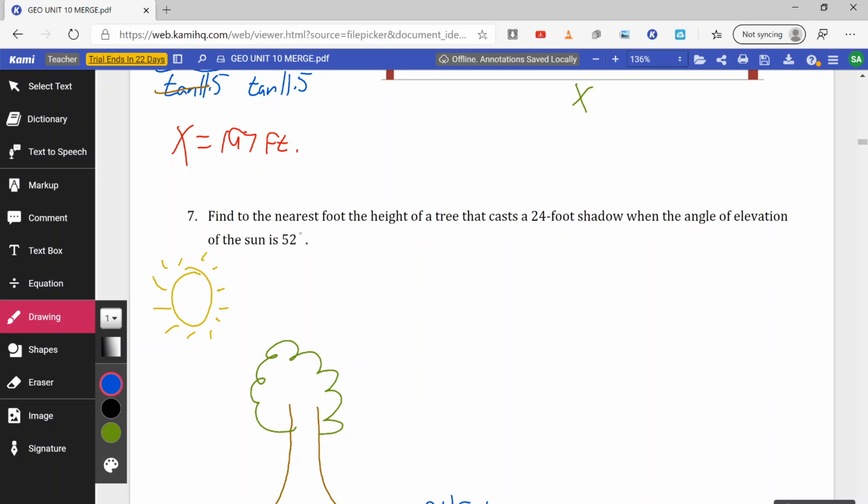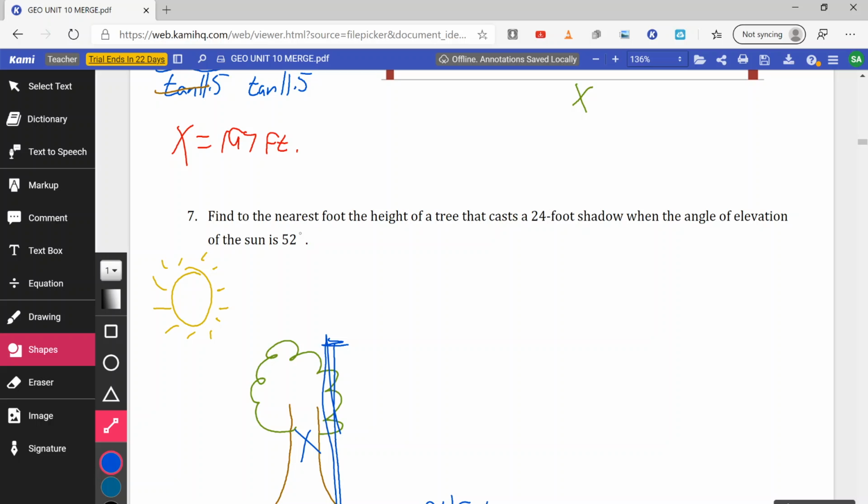What we have to figure out is the height of the tree. So from here to there is our unknown x. Now we do know that the angle of elevation to the sun is 52 degrees. So when we draw the line up, we have a 52 degree angle of elevation.